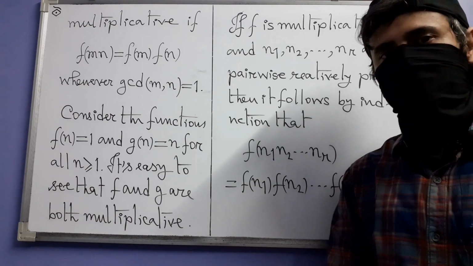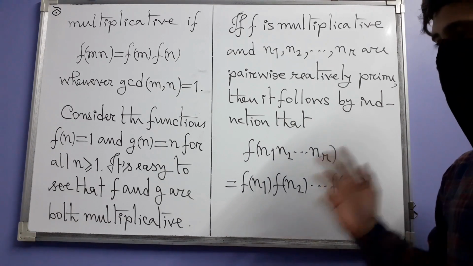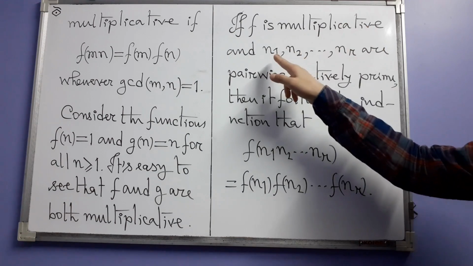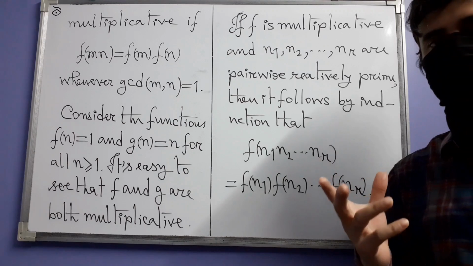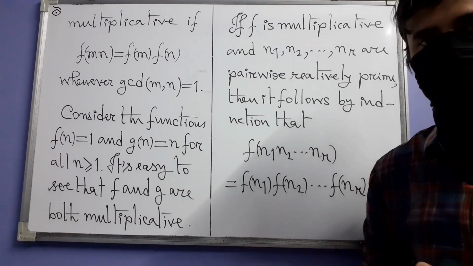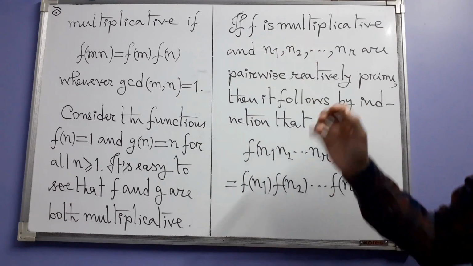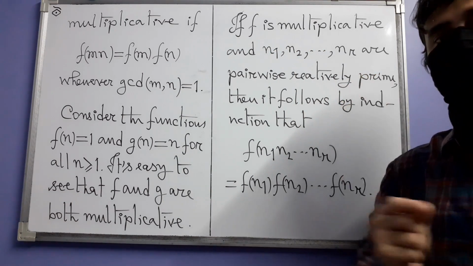Next we can extend the definition of multiplicative function into a property of this type of functions. Suppose f is a multiplicative function and n1, n2 up to nk are, say, pairwise relatively prime positive integers, which means that if you take any two distinct elements from this list, they are relatively prime.